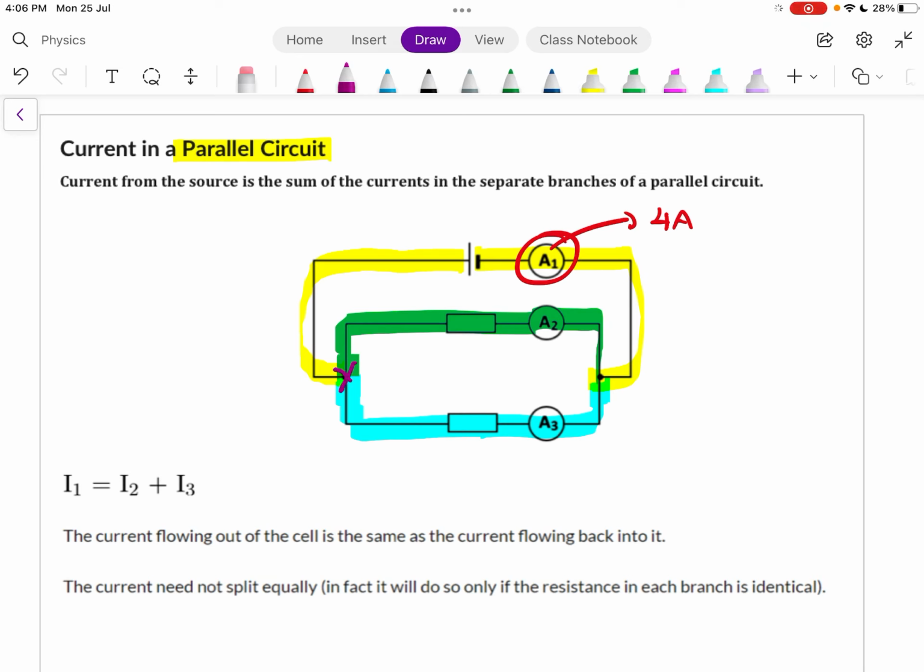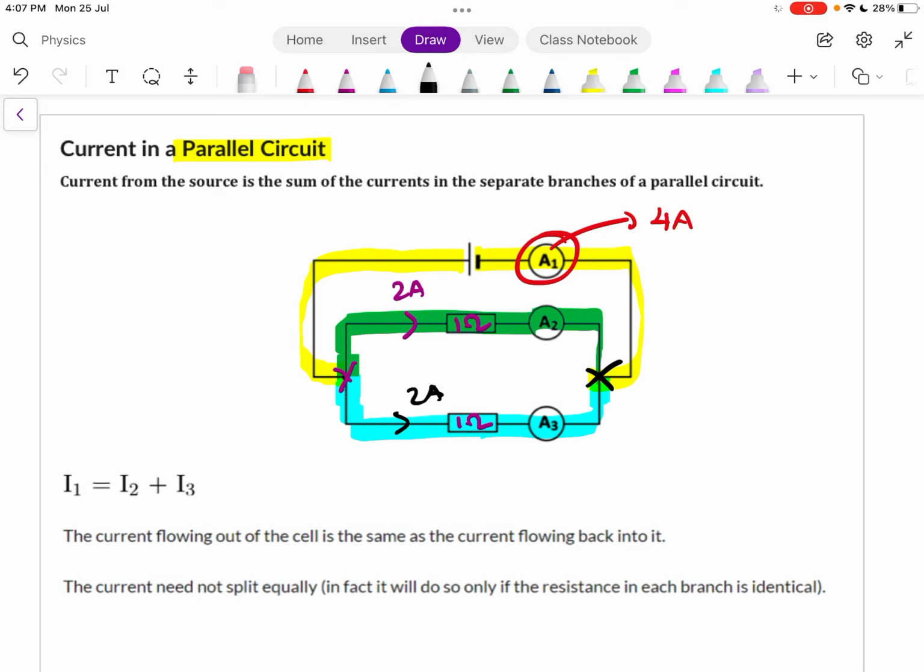For these two resistors, in the event that we have the same resistance, for example 1 ohm here and 1 ohm here, since they are the same resistance, the same current will flow through. So the current will split equally, which is 2 ampere and 2 ampere here. After that, when you recombine at this particular junction, they will recombine and go back home at a current of 4 ampere. So that's how we determine the current.